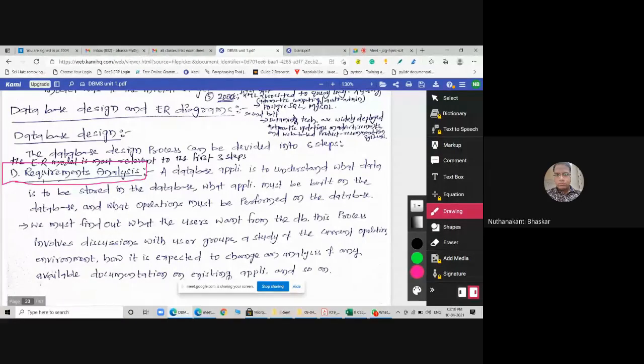That is the analysis we have to do. That is requirements analysis. If anything is missing, you need to add it. Here, the first phase you are already doing. When you want to design the database, you must follow this process. The first one is requirement analysis. Clear? Okay.